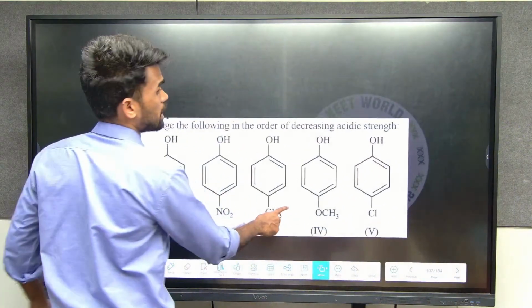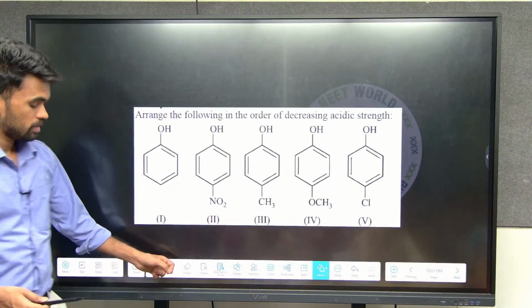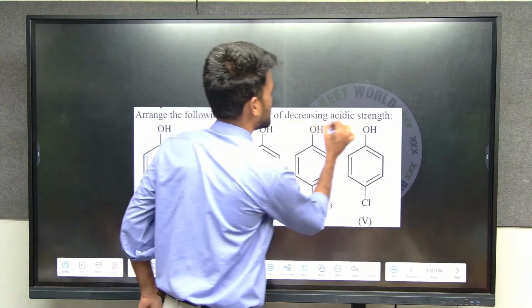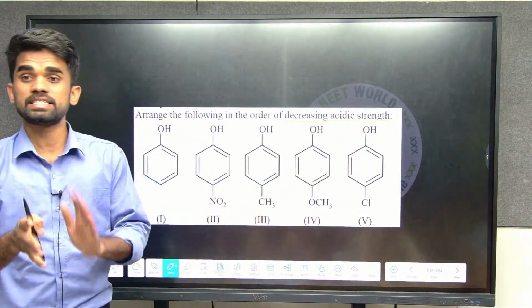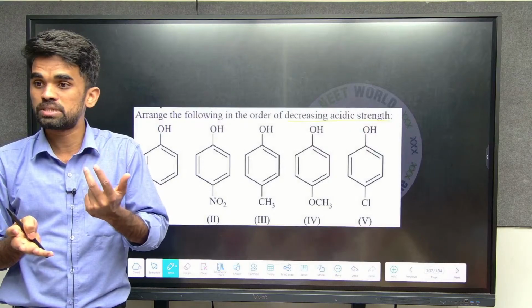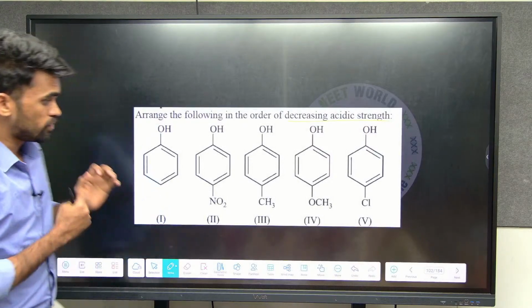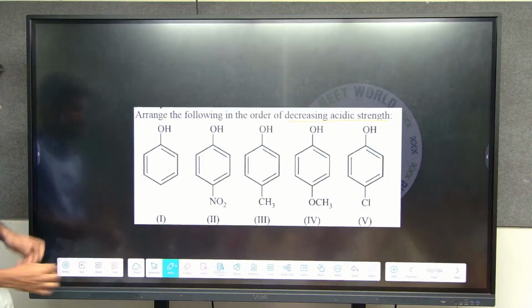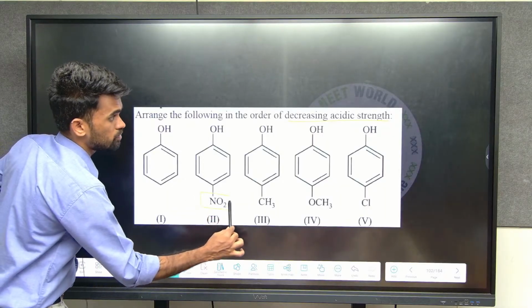See, what are they asking about? They are asking about acidic strength, right? So organic acid strength is increased by what type of groups? Withdrawing groups. So where do we have a withdrawing group here? Here, this is the electron withdrawing group.